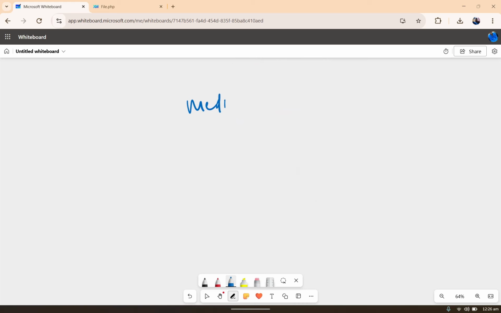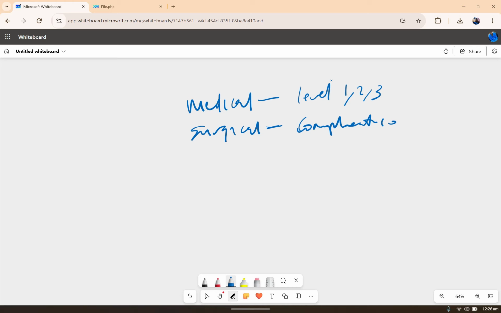Now, in order to practice the question, we are focusing on what? Medical condition or surgical condition. Remember, for medical condition, this is what I do: I use my level 1, level 2, level 3 principle, and then the principle of deterioration. For surgical condition, I think complication.